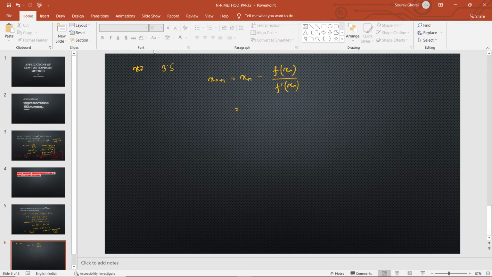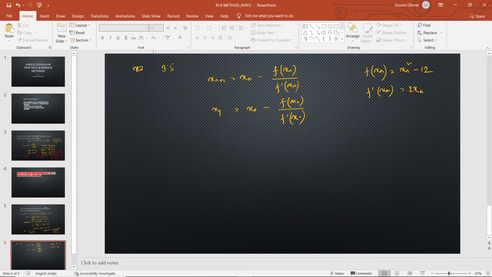If we put n equal to 0, then x1 is equal to x0 minus f of x0 divided by f dash x0. Here f of xn is equal to xn square minus 12, so f dash xn will be 2xn.